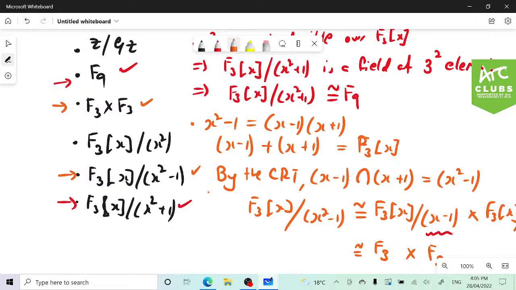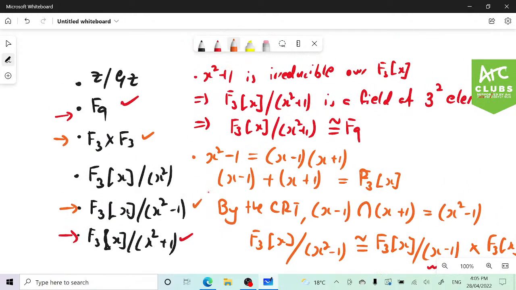Cool. So now we're going to show that each of the other rings are distinct. The first thing is Z mod 9. This is an additive group of characteristic 9. The other ones here are of characteristic 3.